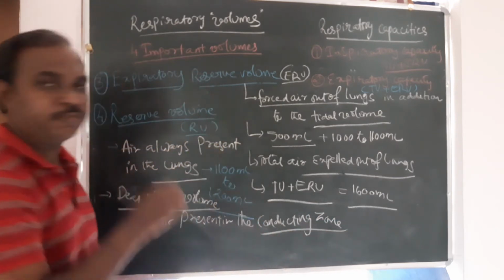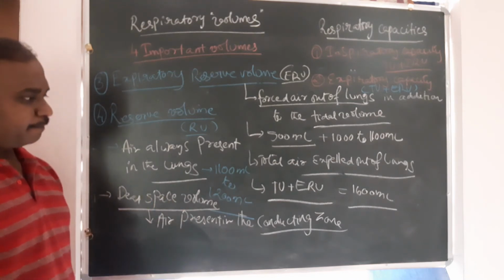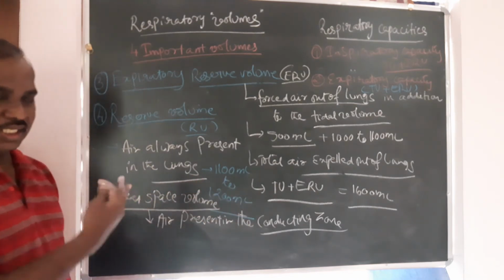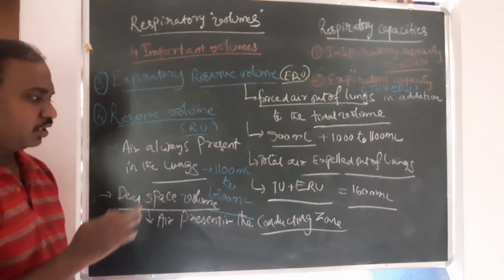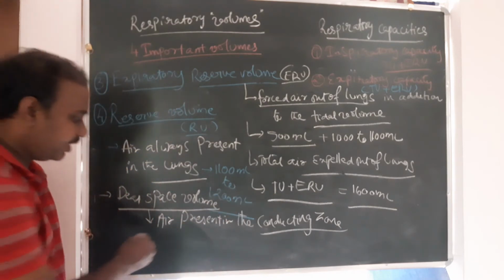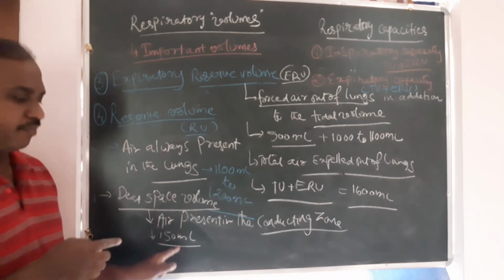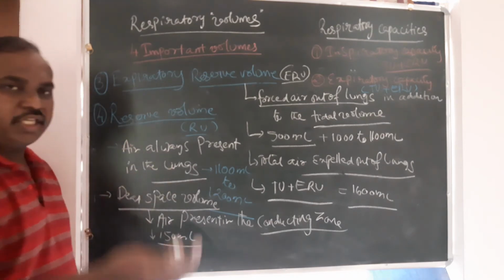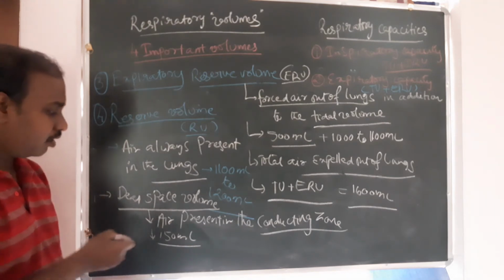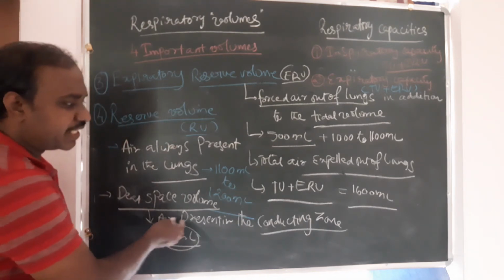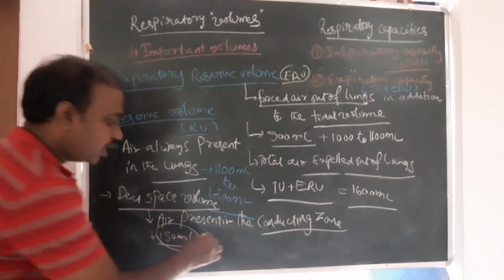So we have this respiratory pathway, we have this conducting pathway, right? The air that is present in the conducting zone does not actually reach the exchange sites of alveoli. How much of the air is there here? Close to 150 ml. What does that mean? If you take in 500 ml in the tidal value, 150 ml stays entrapped in the conducting zone.